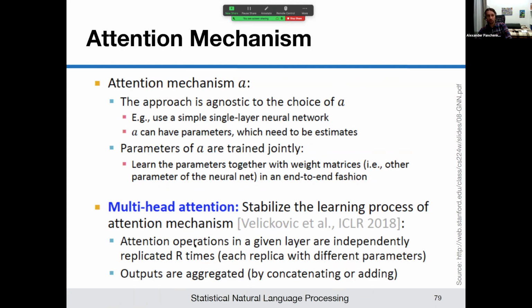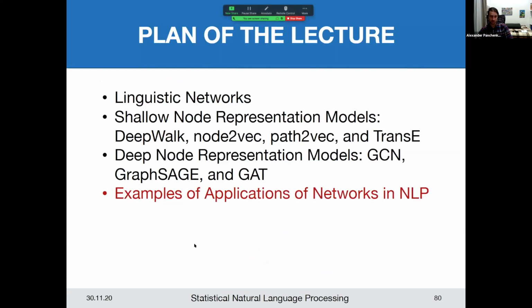And of course, on top of it, if the graph is weighted, you can also take into consideration the weights of the graph. But again, these two things are kind of orthogonal, so you can take into consideration weights in the sum, but you can also take into consideration these attention things. Okay.